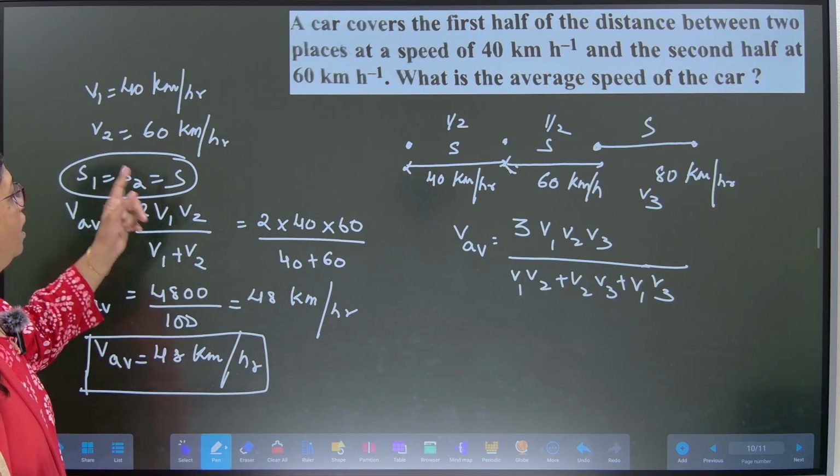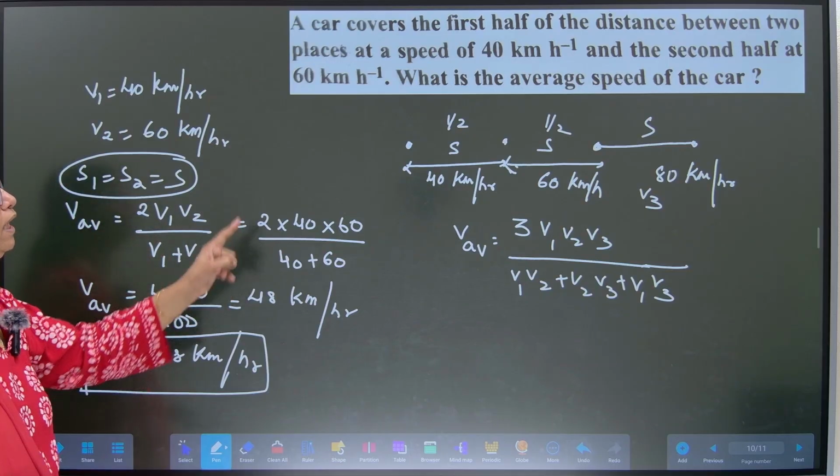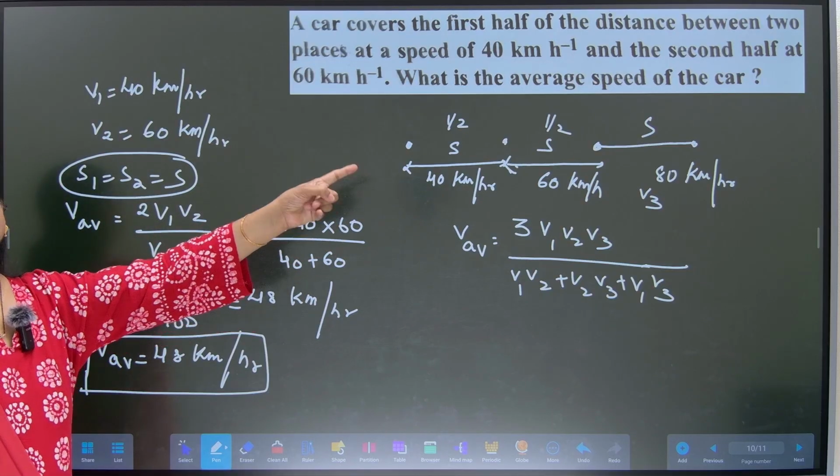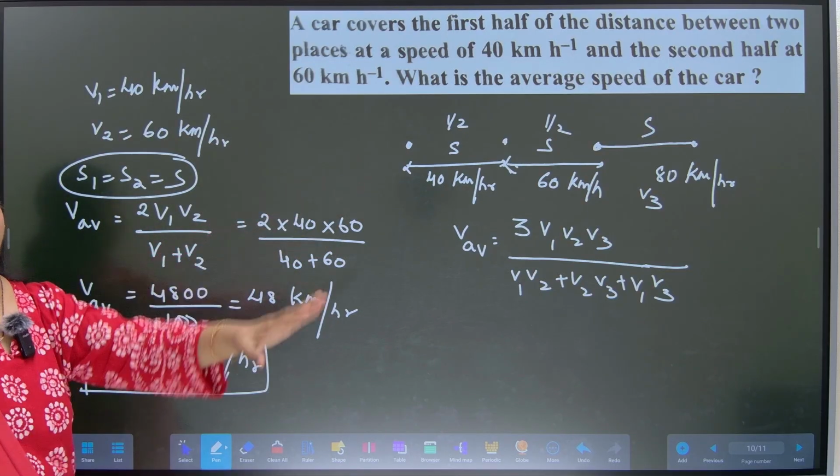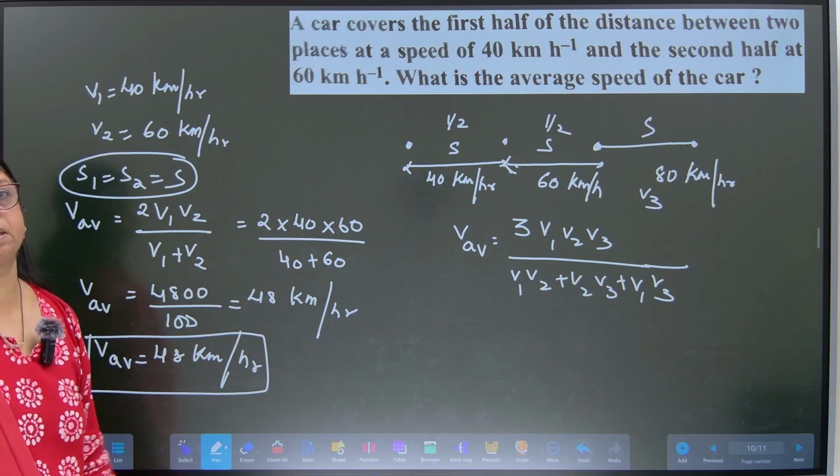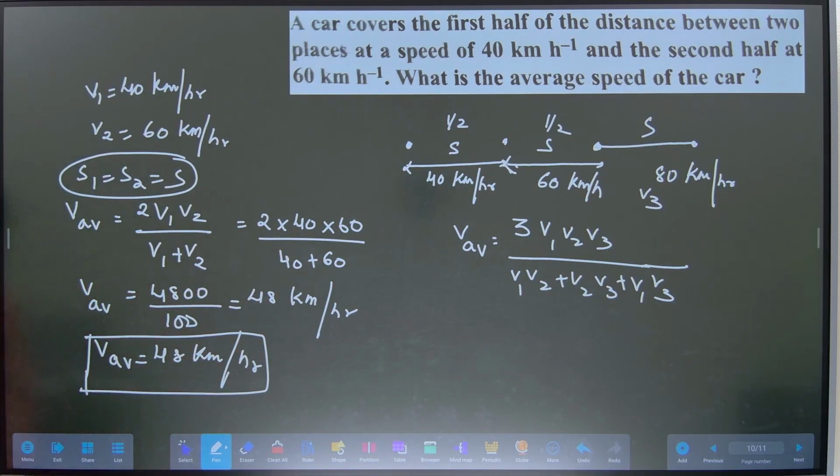This formula I can use only if the distance traveled is the same with different velocities. Fine? Okay? And in this way, for different situations, keep practicing the numericals so that your theory is also revised. Take a pic. Fine?